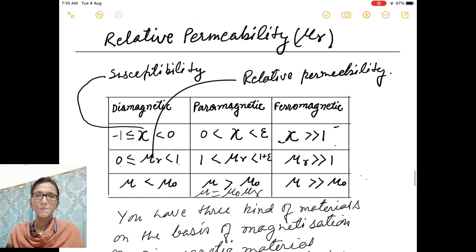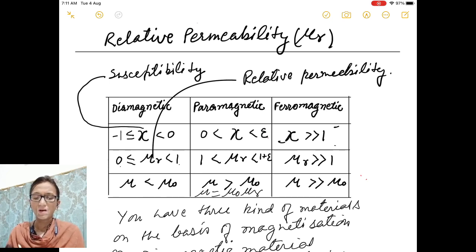If susceptibility lies in between -1 to 0, means it is negative for a given material, then that material can be categorized as diamagnetic material.